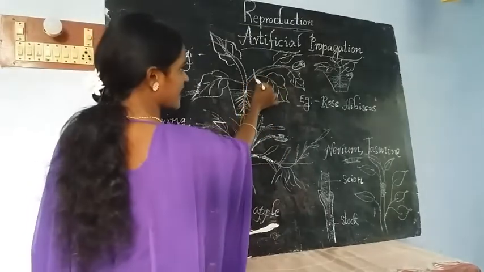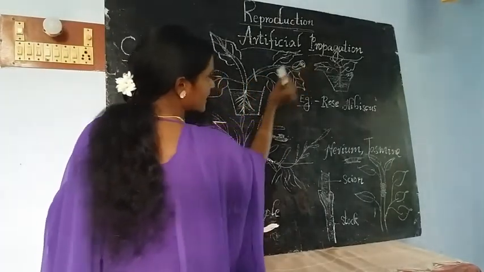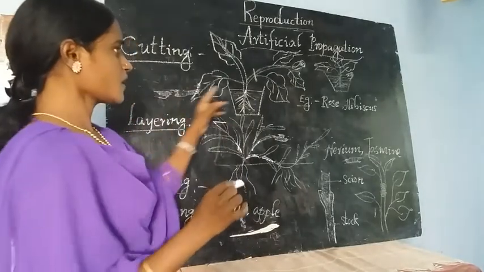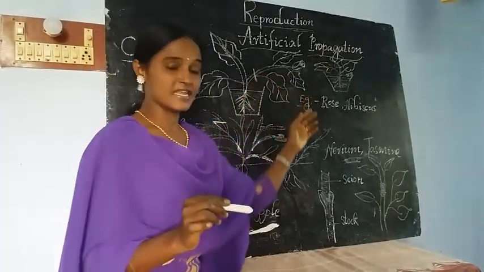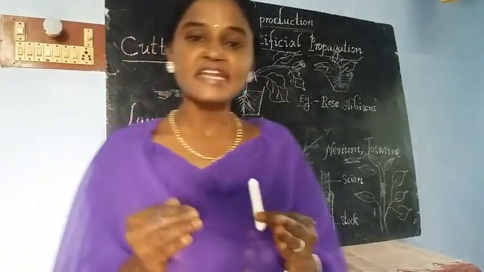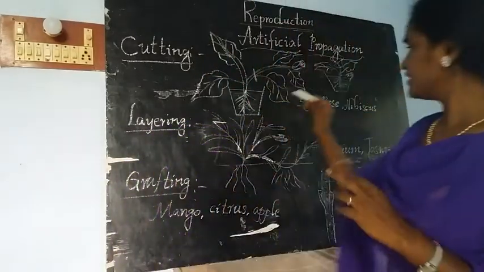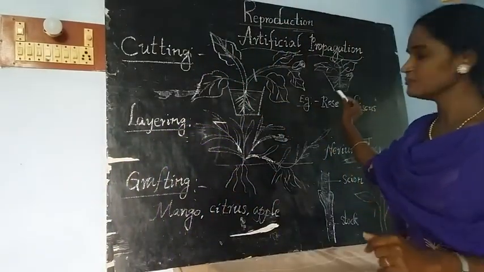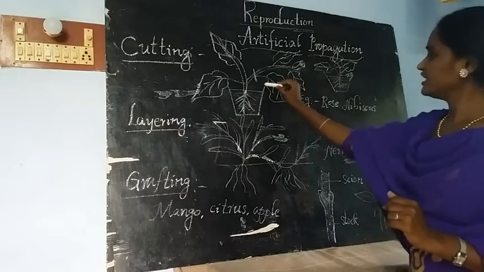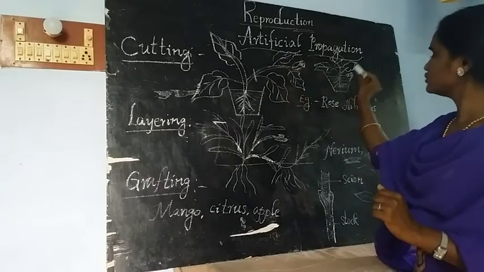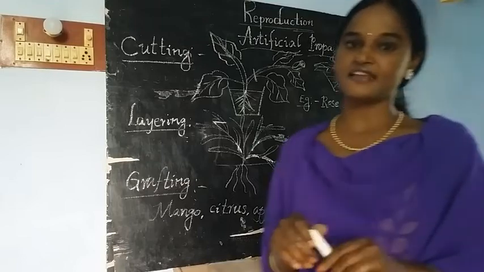After selecting a branch with a small bud, we bury that branch in another flower pot which contains moist soil, or directly in the soil.